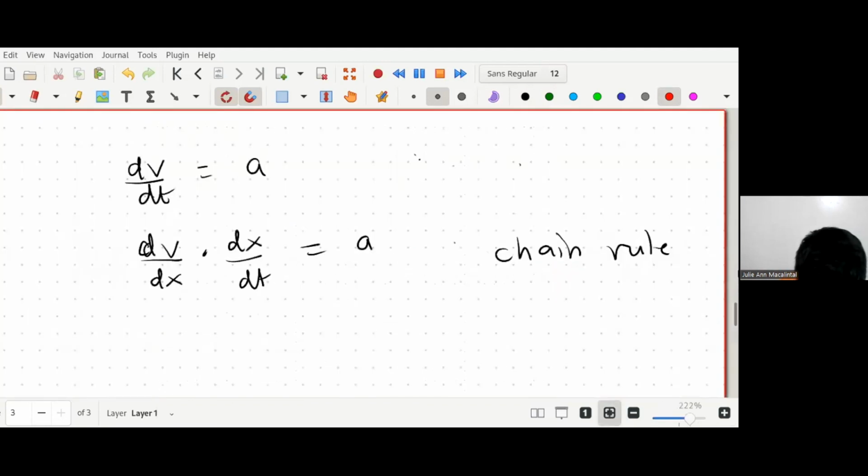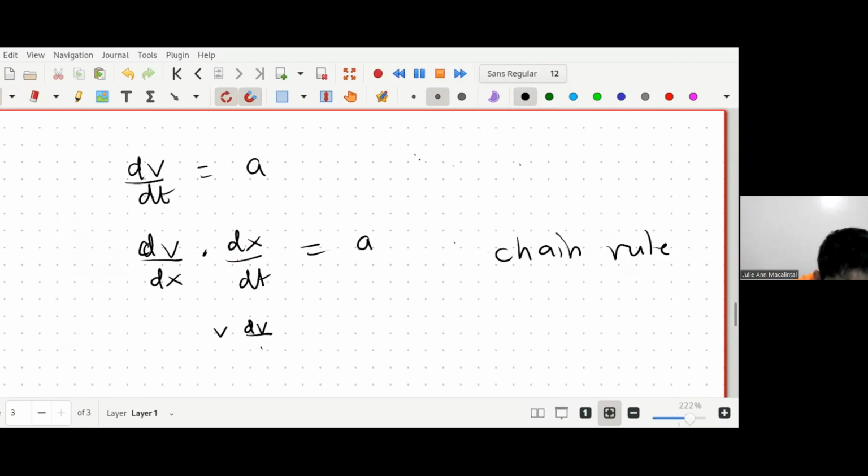Sige, i-recap ko lang tong part na to. So, dito, ang goal ay maghanap ng equation for V in terms of A and X. So, instead of using time, we're going to express everything in terms of position and speed. So ano to this is speed, not velocity. So we use a chain rule. So dv/dx times dx/dt is equal to a. And then we recognize natin na, but dx/dt is also the velocity.